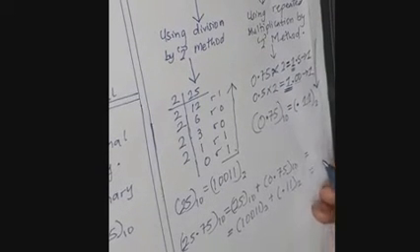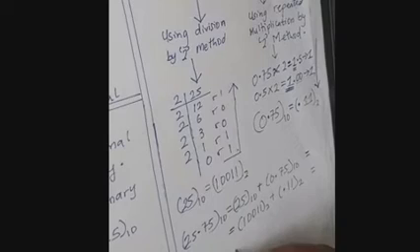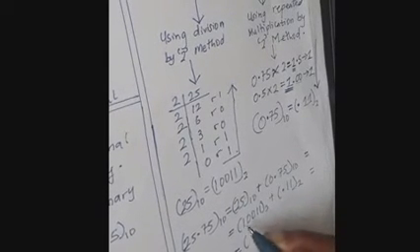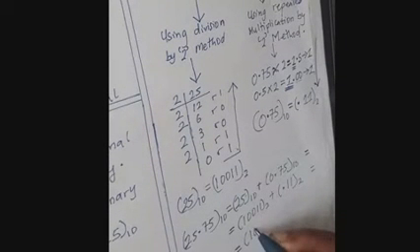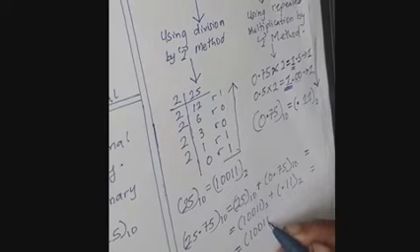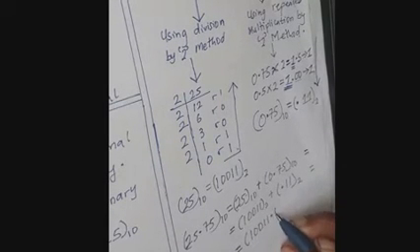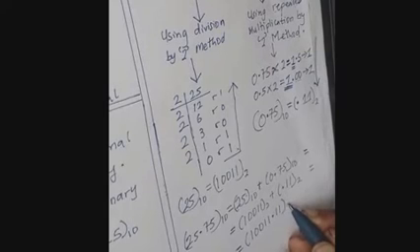So this can be equal to the addition of these: 11001.11 base 2, and this is your final answer.